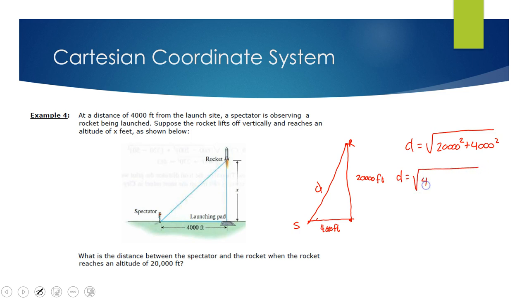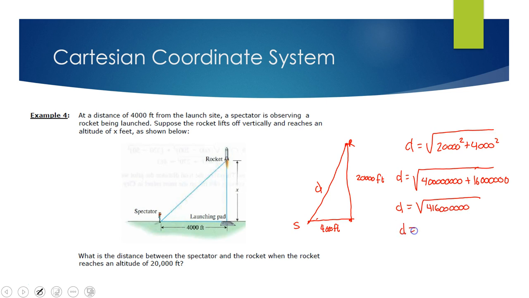So I'm going to have 4 and 8 zeros plus 16 and 6 zeros. That's going to give a grand total of the square root of 416 and 6 zeros.